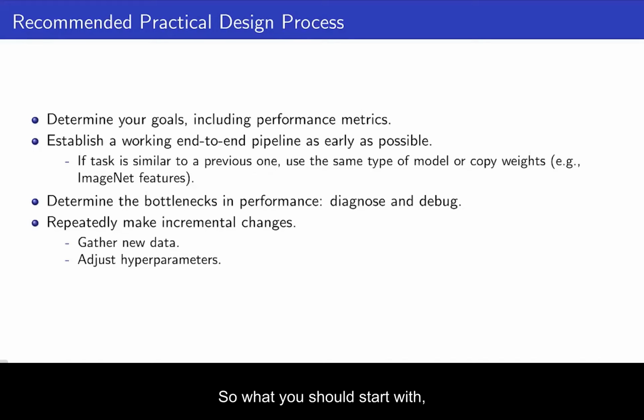So what you should start with, if your task that you're trying to solve is similar to something that exists, then maybe start with the architecture that has already been shown to perform well and with the right hyperparameters that have been shown to give a good performance. There's lots of open source code nowadays, and you should start from something that's already been shown to work well. Another thing that you should do is transfer learning, as we saw in the previous video.